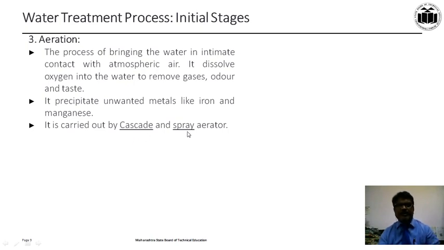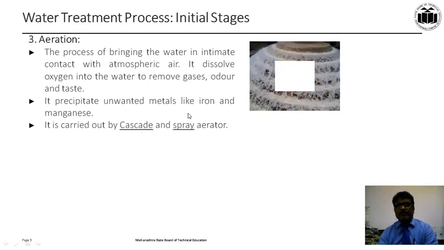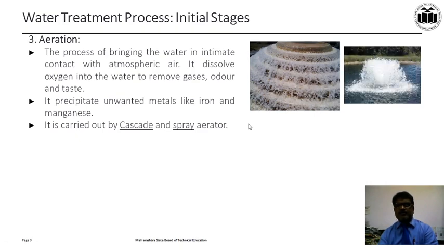There are various types of aerators, so you can remember the cascade type of aerator or the spray type of aerator. See here how the water is brought into intimate contact with atmospheric oxygen, and that's why there is an exchange of gases.